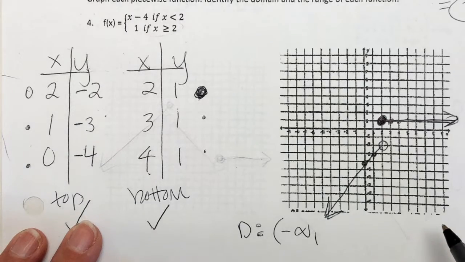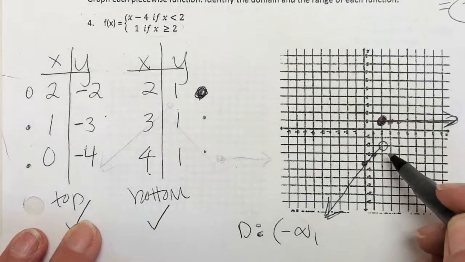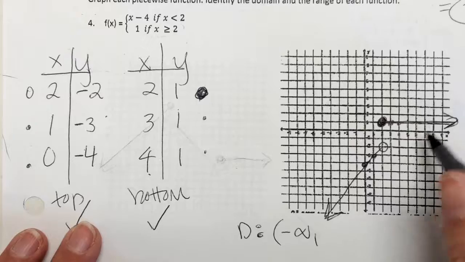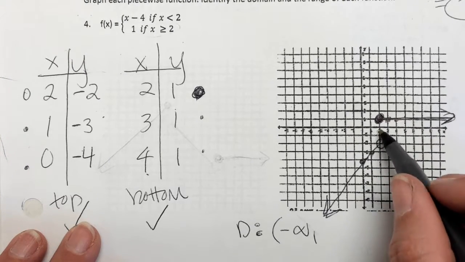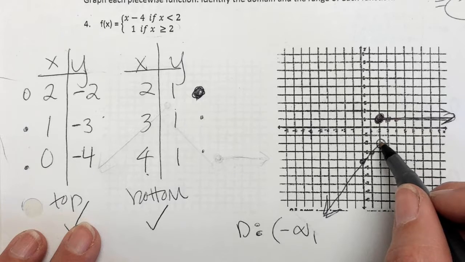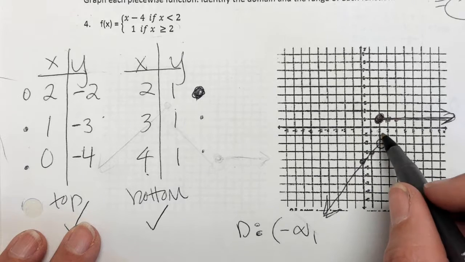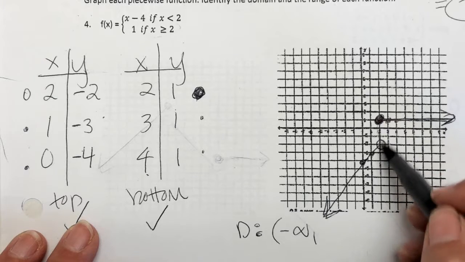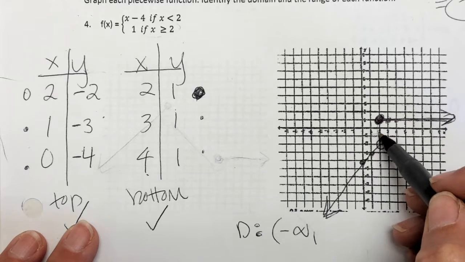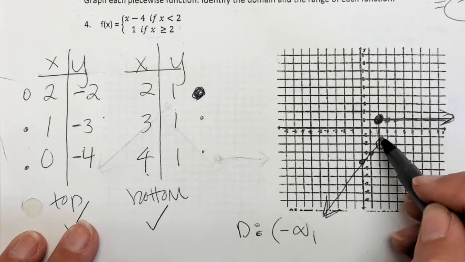Now, it has this hole right here, correct? So you would think maybe at x equals 1 that there's no value. But is that true? Stay with me. Because this hole is covering up this x value, right? So there is a value at x equals 1, and what's that y value? I'm sorry.